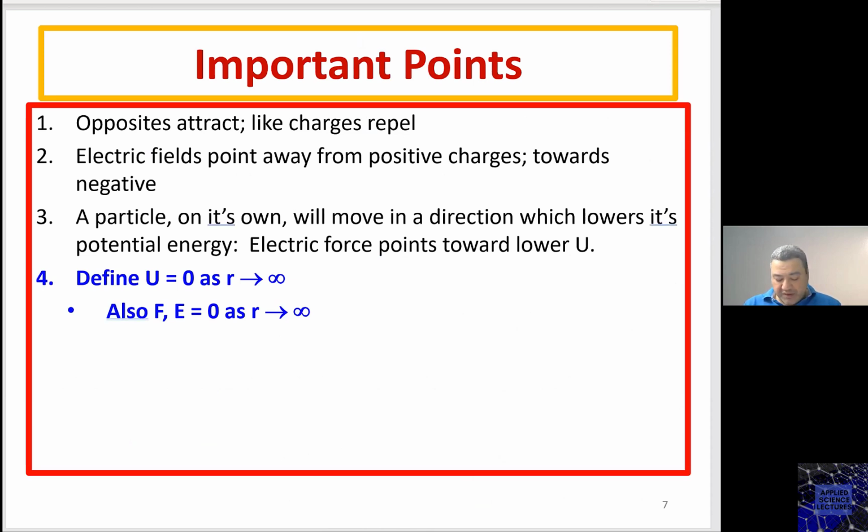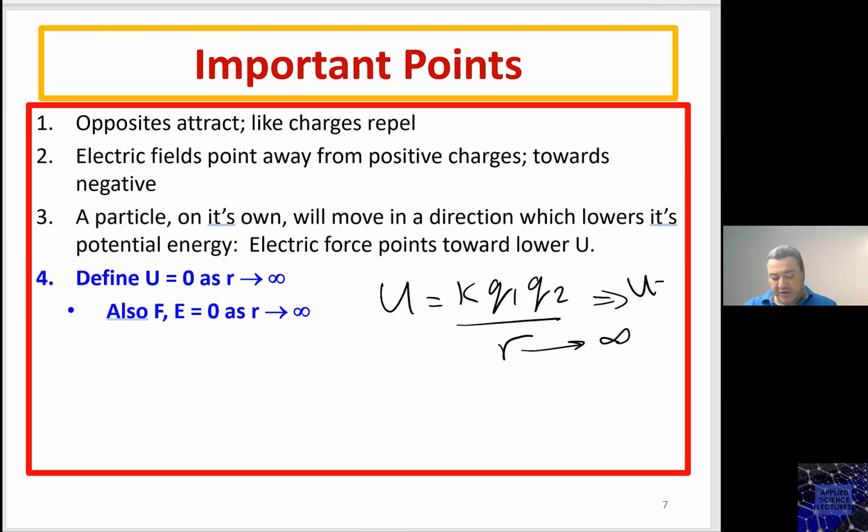Now, this electric potential energy that I have derived for two point charges at a distance of r, if I take this distance also to infinity, is going to result in the electric potential energy between those two charges being 0. Same thing for the electric field. If you recall, KQ1 over R squared.